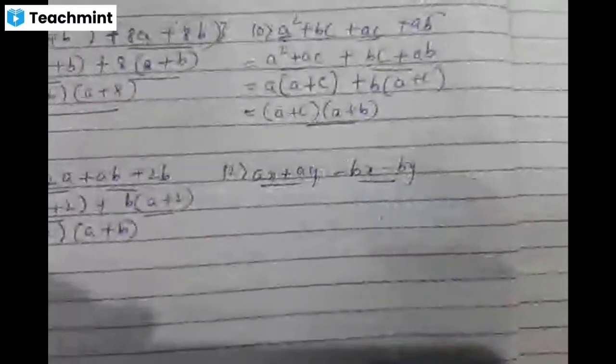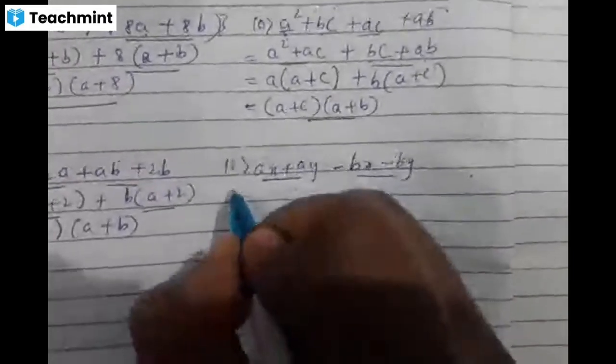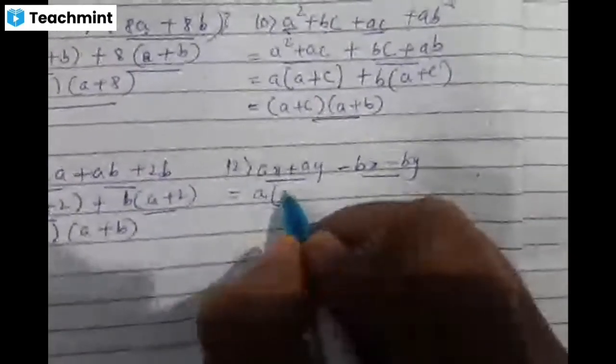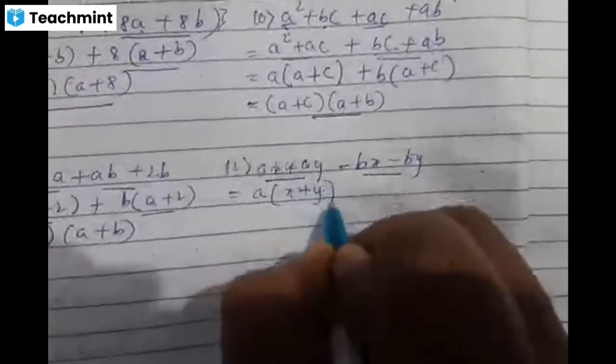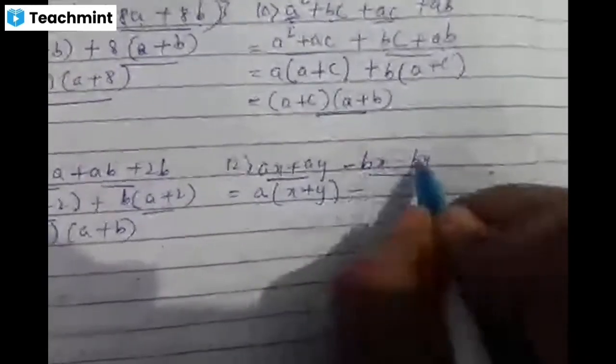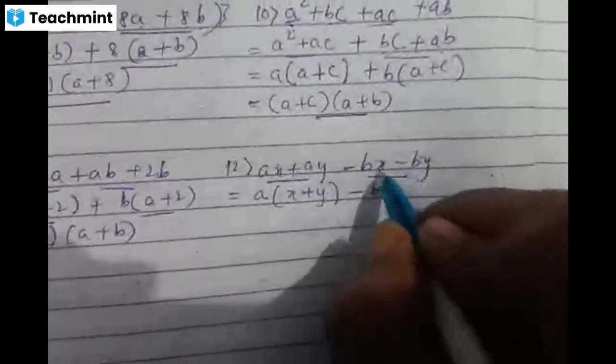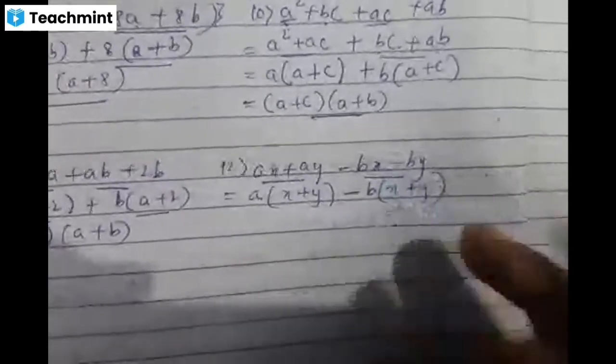Then the last one is AX plus AY minus BX minus BY. While writing the question only, we will understand which are the common terms here, children. A is common here, B is common here. Therefore, A will be kept outside into X plus Y, and minus B, I take it outside. Therefore, X plus Y I'll write.